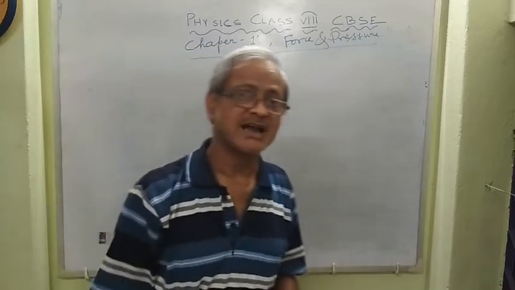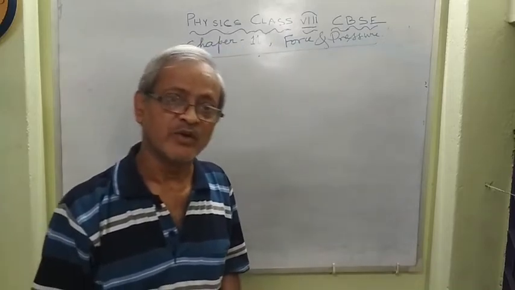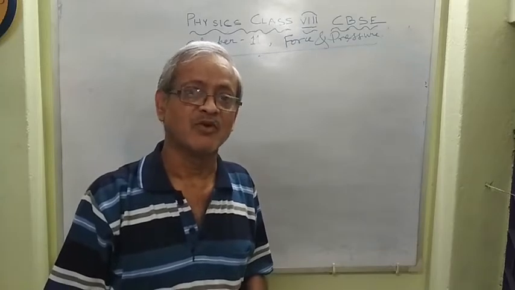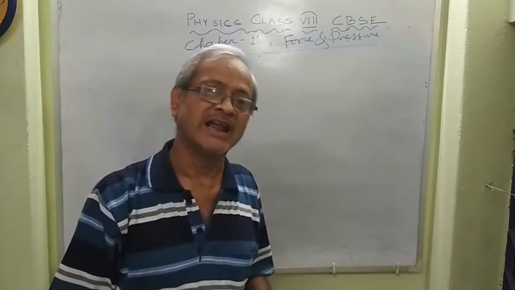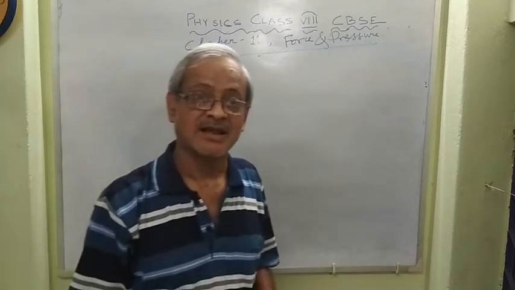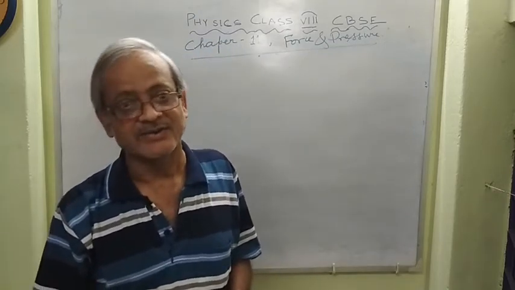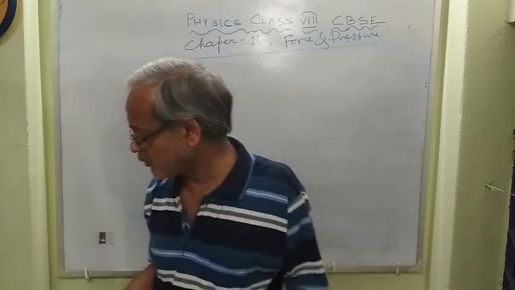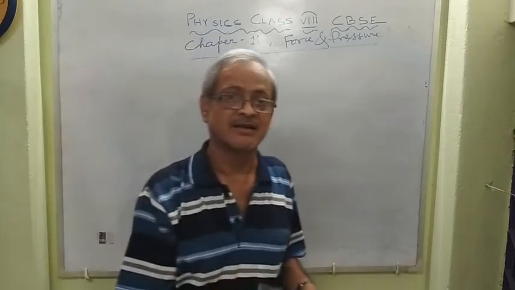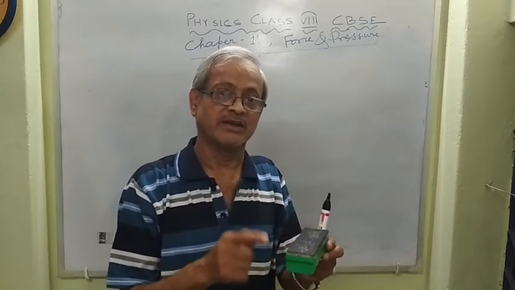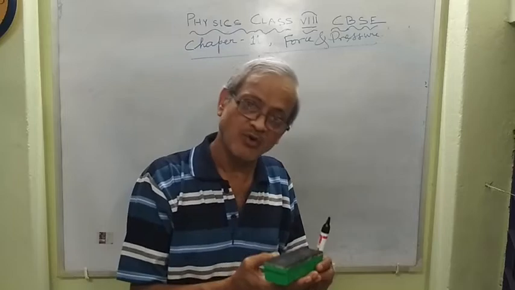Muscular forces are those forces which are acted by a muscle with direct contact on another body. For example, human beings have muscles and they act with force on another body. If we lift a book, if we lift this duster, then muscular force is acting on this body. Muscle gives force.